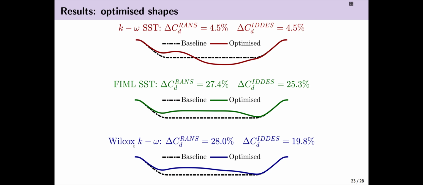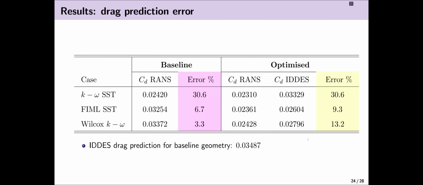And then in terms of k-omega, again, based on the RANS predictions, we reduce the error by 28%. And then if we perform IDDS for the same shapes, we see that the change is around 20% in the drag.